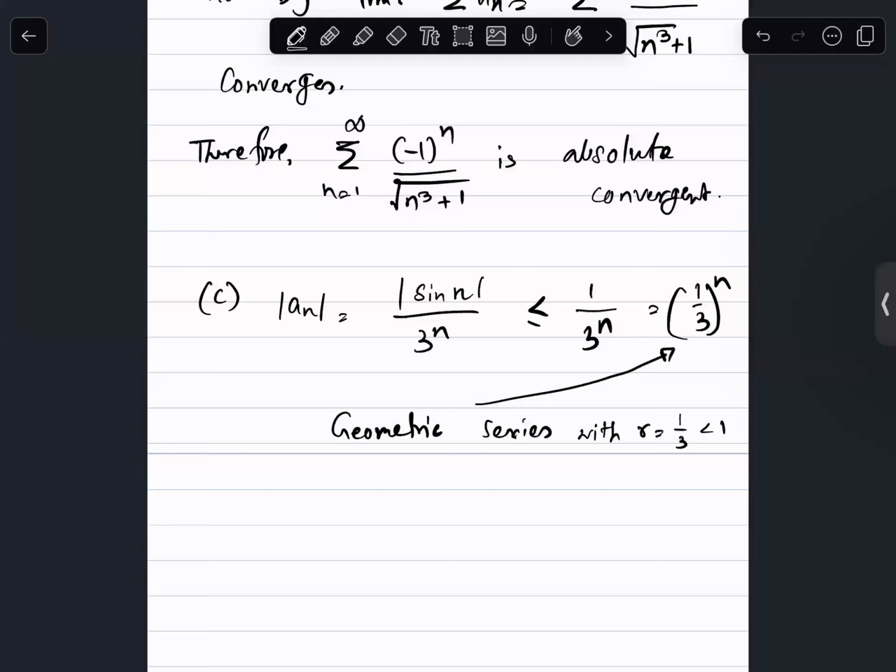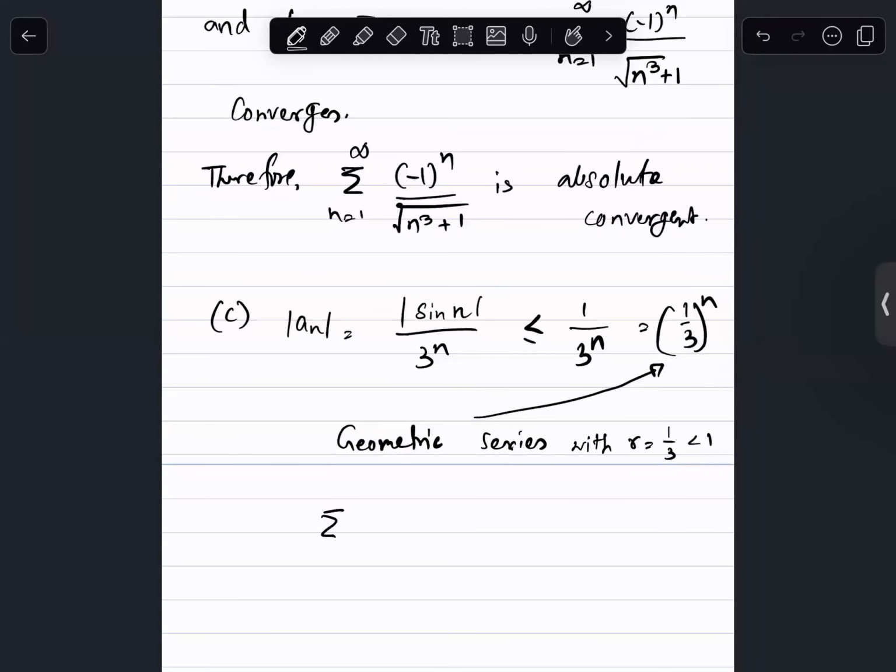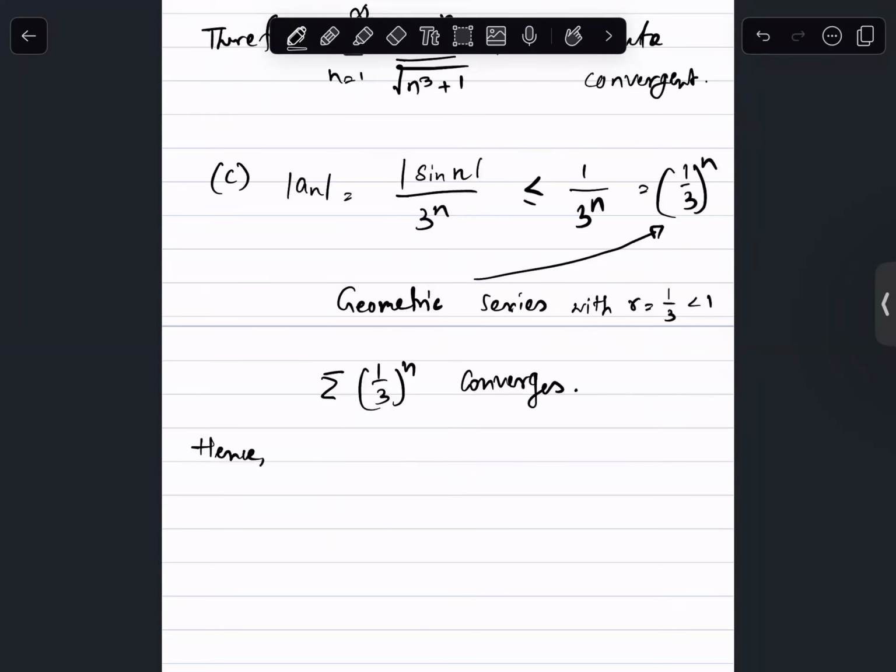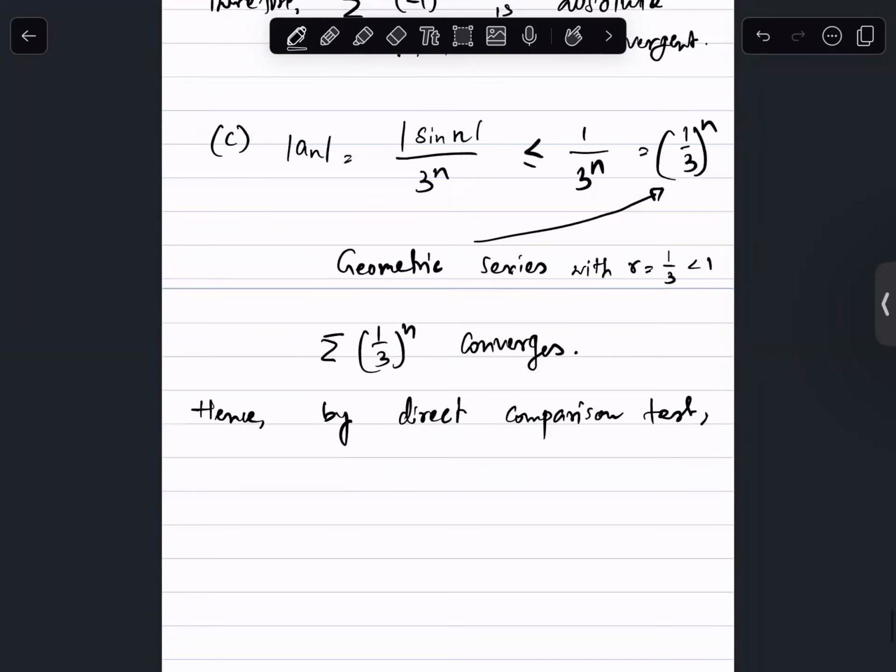So obviously summation 1 over 3 to the n converges, and hence by direct comparison test, you can check why I can apply the direct comparison test here. That is like a homework for you. Then by that, summation over modulus an converges.